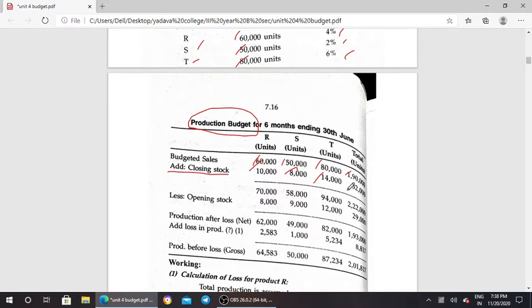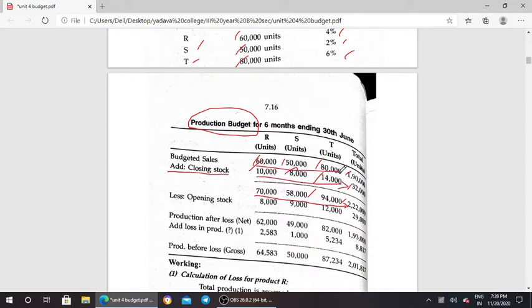Add them all: 8 plus 10 plus 14, you get 32,000. Budget sales add closing stock is 70,000 for R, 58,000 for S, and 94,000 for T. When we add all these, we get 2,22,000.